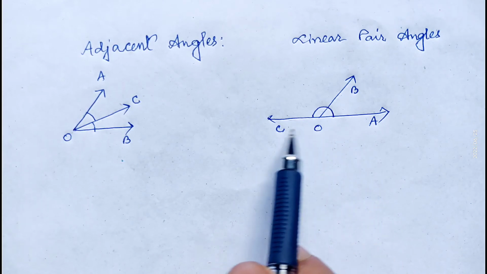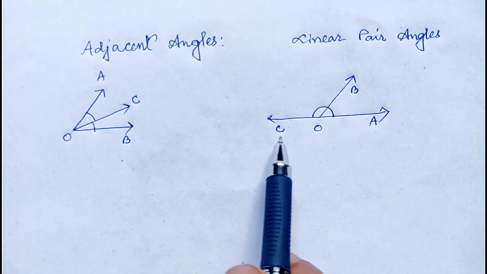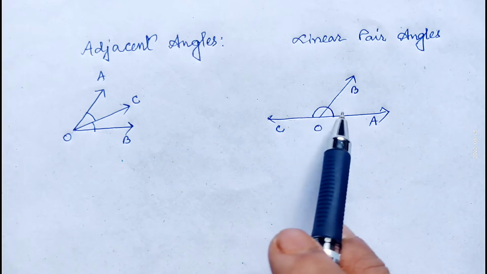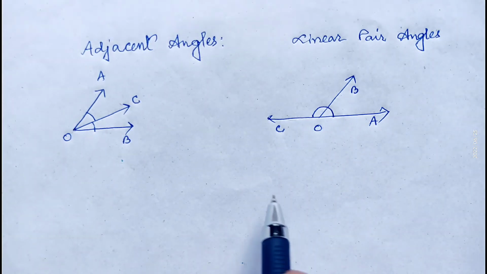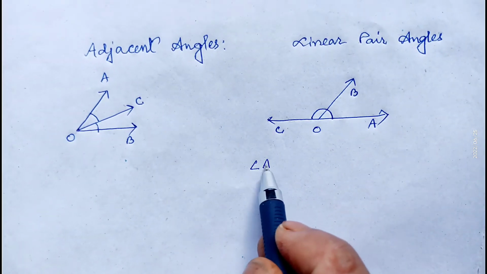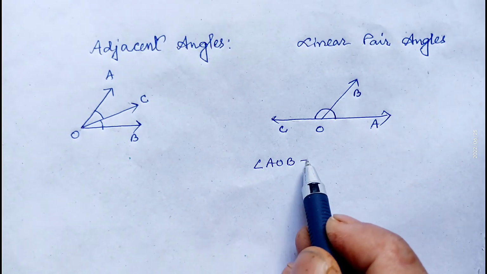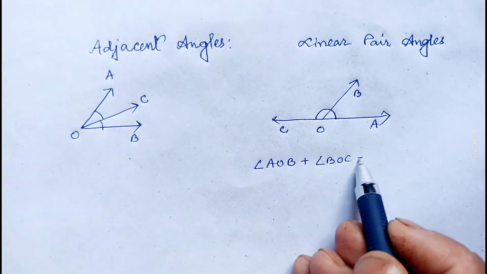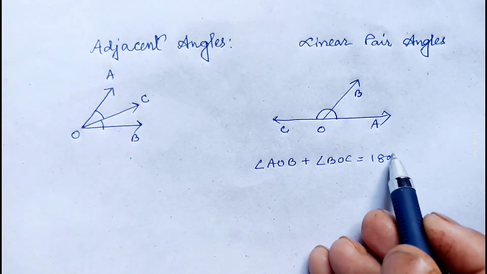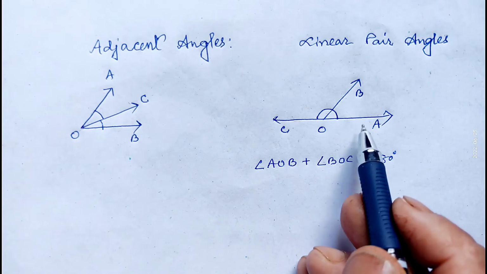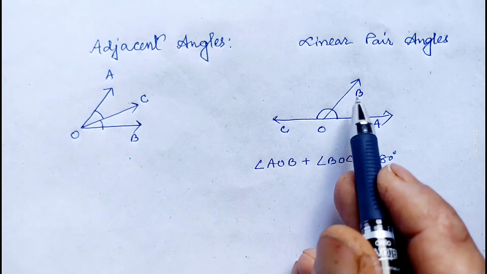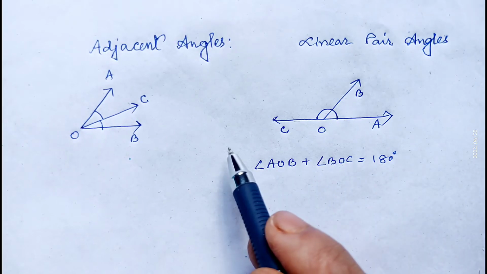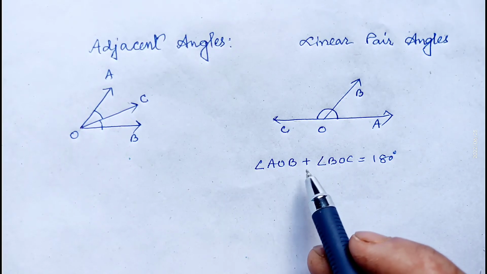In case of a linear pair, the angles are AOB and BOC, and the sum of these two angles will always be 180 degrees. Clear? I hope adjacent angles and linear pair, these two terms, are now clear.